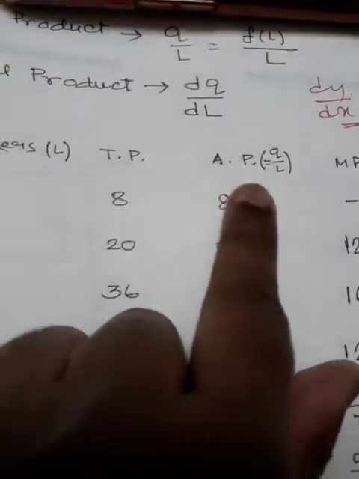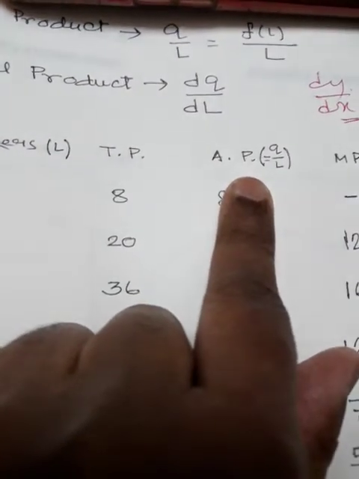Now we add a column, average product, AP. What will be the AP?